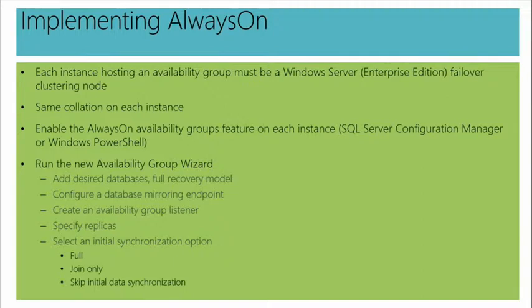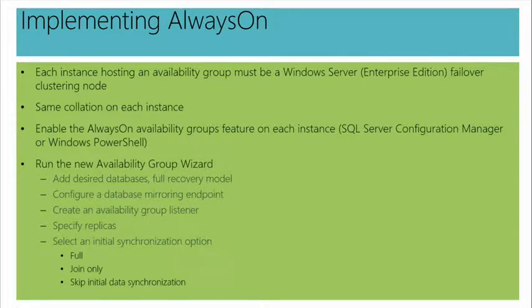Probably no surprise, I have to have the same instance collation on all of the possible member copies in the availability group. And then I have to enable the AlwaysOn availability group feature on each instance, multiple ways to do that. After I enable it, then I walk through a wizard.